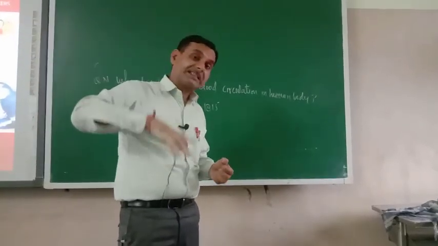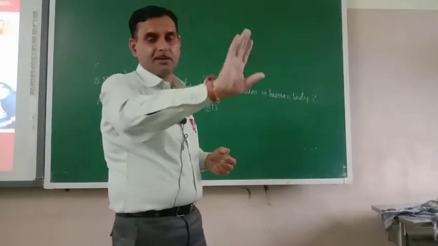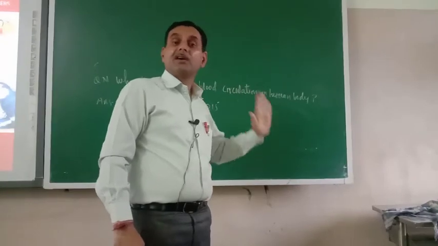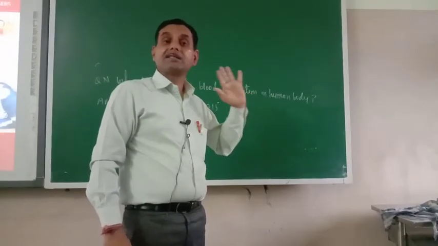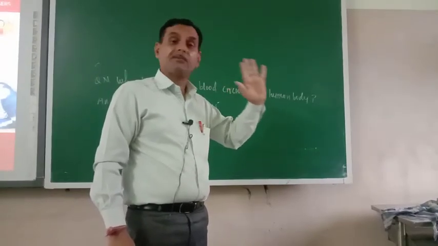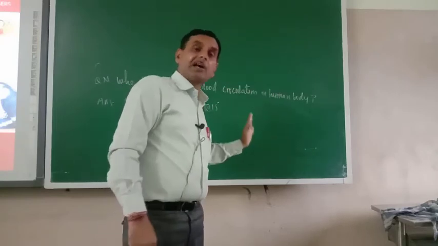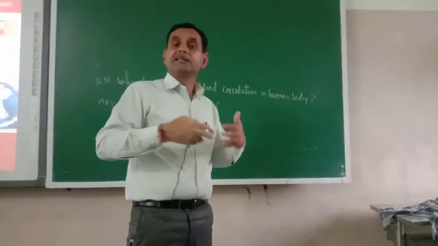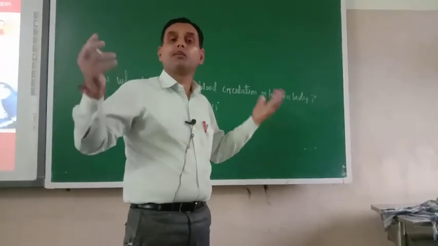Rather, blood is continuously flowing in the human body. Afterwards, his findings were accepted by the entire scientific fraternity, and later this theory was proposed that blood is circulating throughout the body.